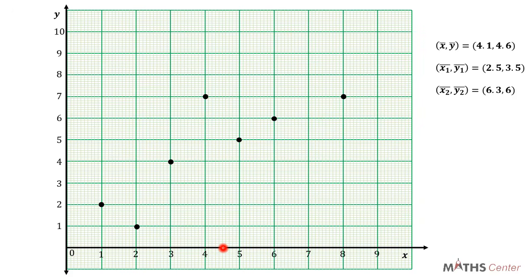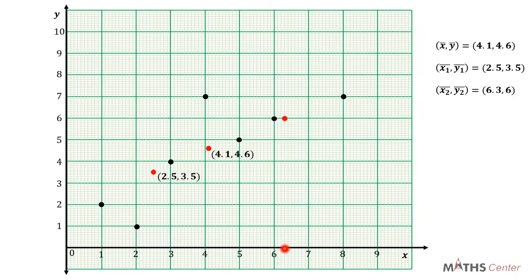So 4.1 on the x-axis, 4.6 on the y-axis. That will be here. That is 4.1, 4.6. The next one is 2.5, 3.5. So 2.5 on the x-axis, 3.5 on the y-axis. That will be here. 2.5, 3.5. That is x1 mean, y1 mean. And the last one is 6.3 and 6.